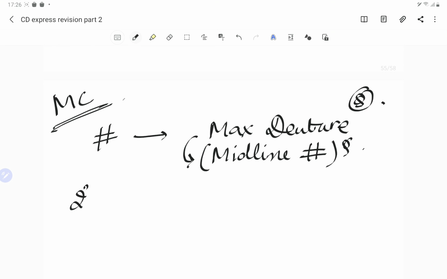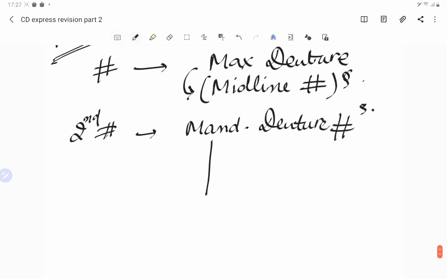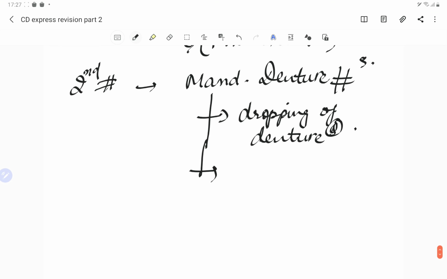Then the second most common fracture is the mandibular denture fracture. And in the mandibular denture fracture, the most common cause is the accidental dropping of the denture. And the second most common cause for mandibular denture fracture is the poor retention and poor fitting of the denture.